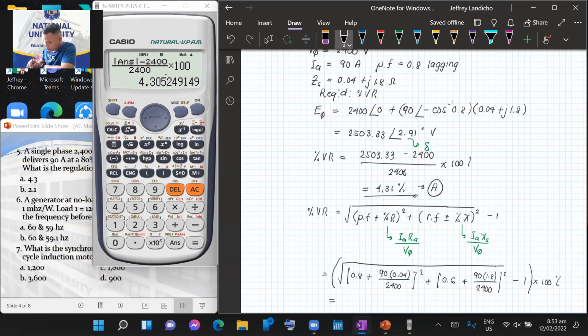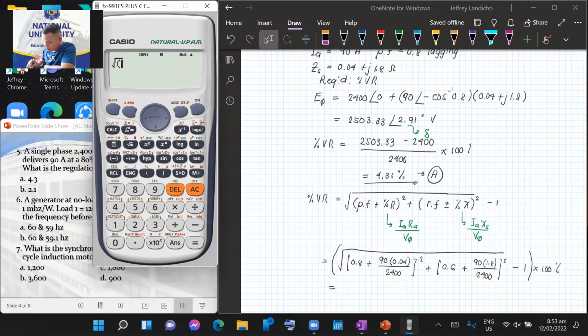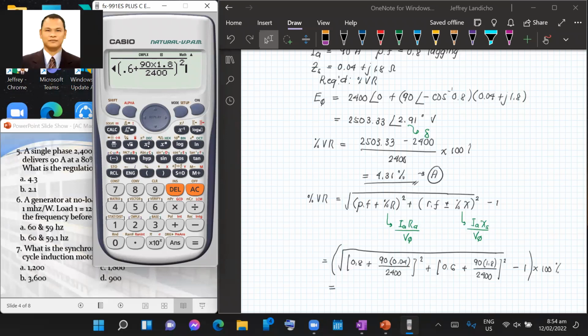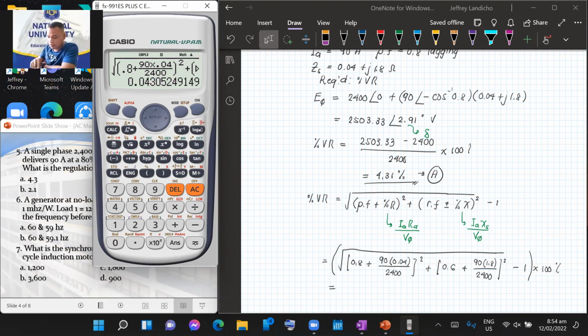So let us check if the answer is the same. Square root of 0.8 plus 90 times 0.04 and so on, minus 1, then multiply by 100. It is the same.